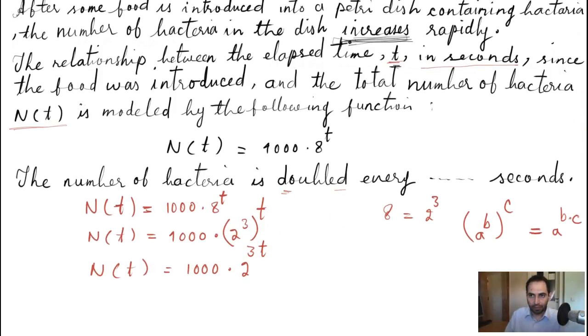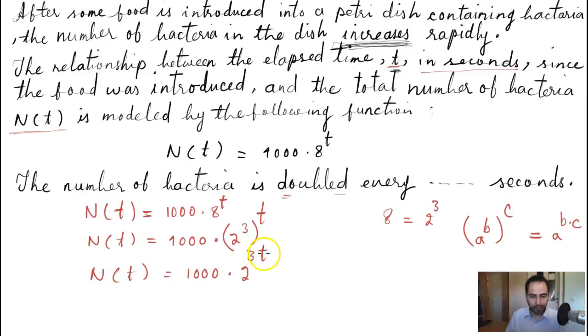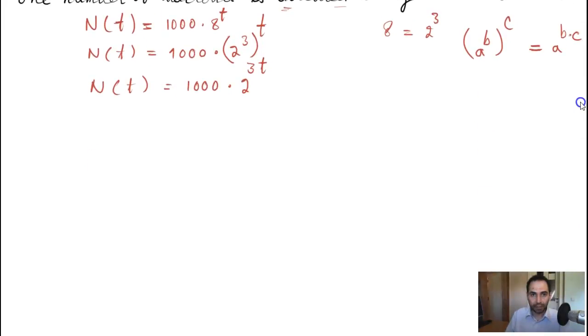And I'm saying 1/3 of a second because, for example, let's say this is your t and this is your n of t. If your t is equal to 0, your output is 1000.